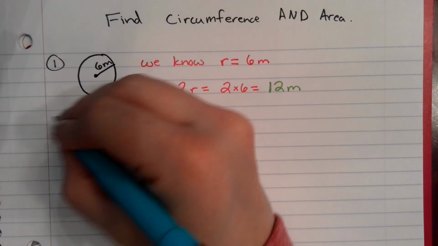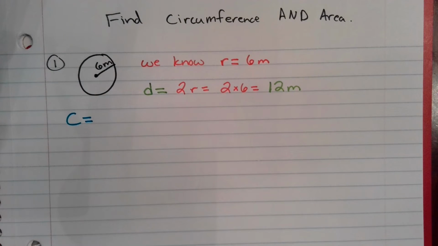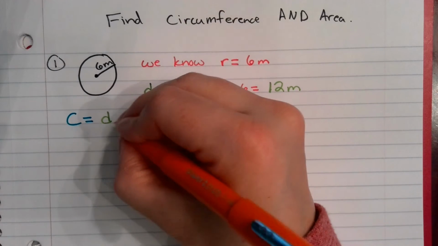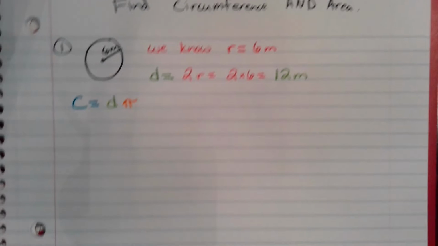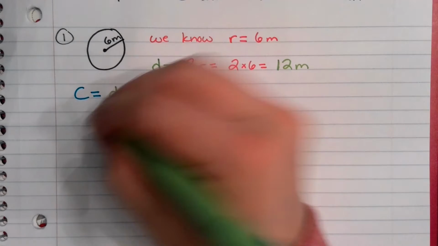All right, so now let's talk about our formulas. Circumference is equal to the diameter times pi. Okay, so all I have to do is plug in the information that I have. The diameter in this case is 12.